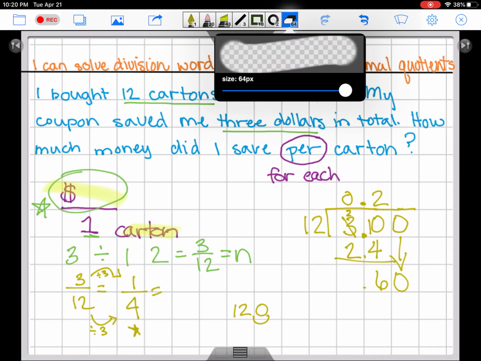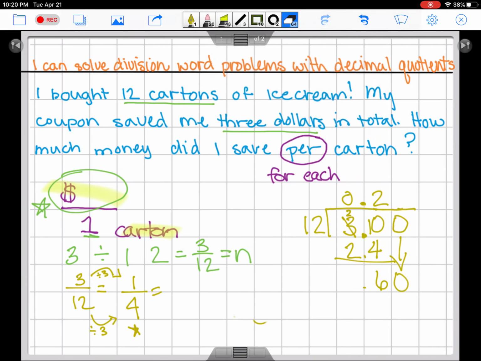So I'm pretty sure that 60 is half of 120, and then we multiply by 10. So I wonder what happens if we multiply by half of that amount. Oops. So we're going to end up with 5. 12 times 5, always good to check. 5 times 2 is 10, carry the 1. 5 times 1 is 5, plus 1 is 6, 60, right?